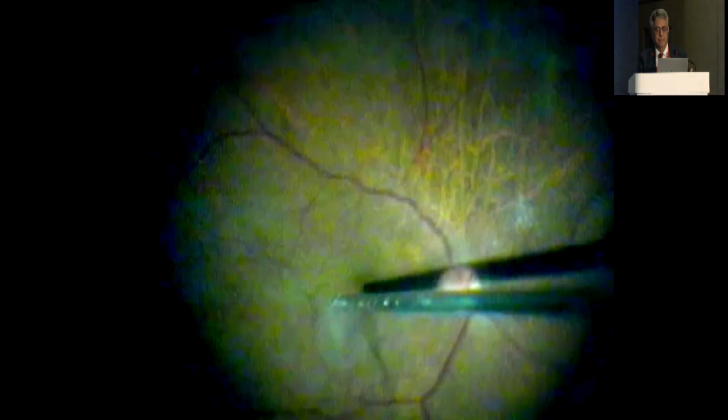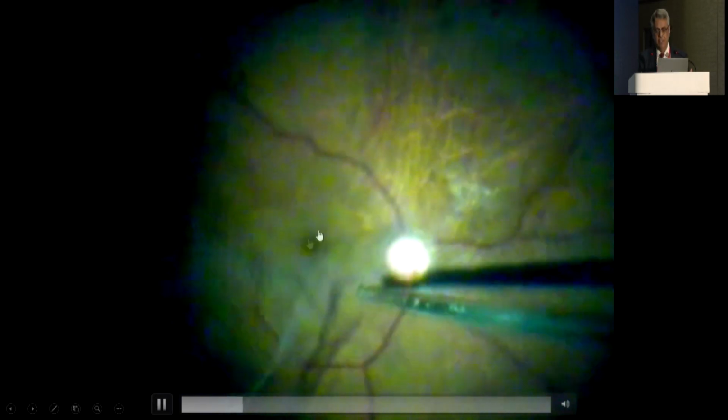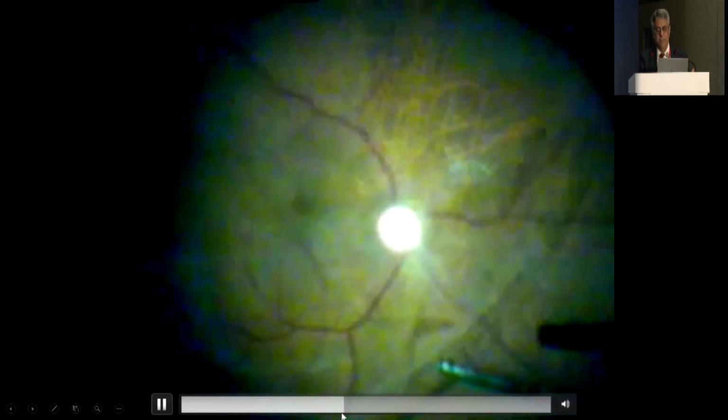So this is one of the videos which shows it without any staining, but normally we stain with triamcinolone. In this patient we tried, and it could be done successfully and easily, the entire vitreous could be removed like this.